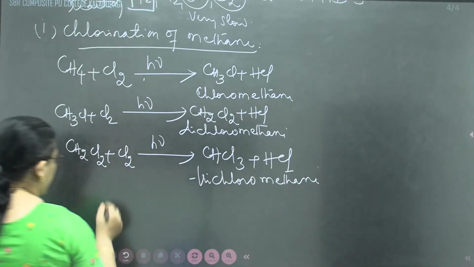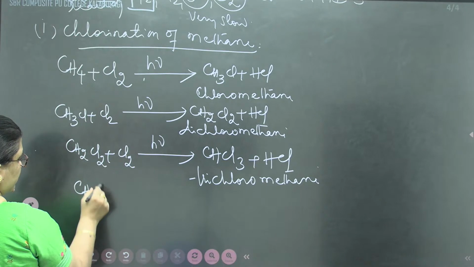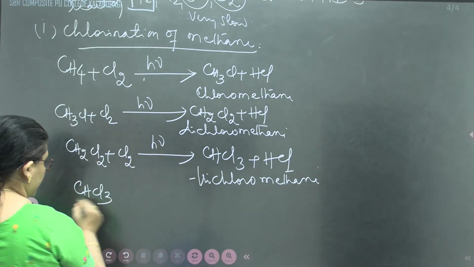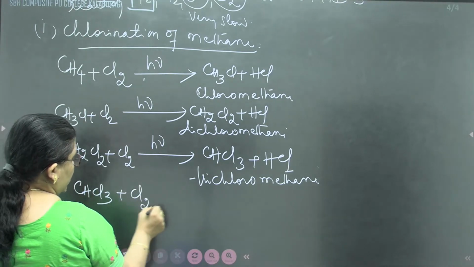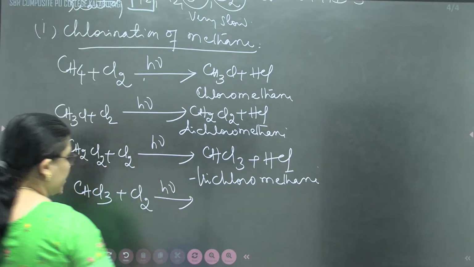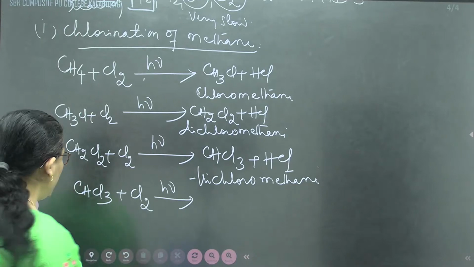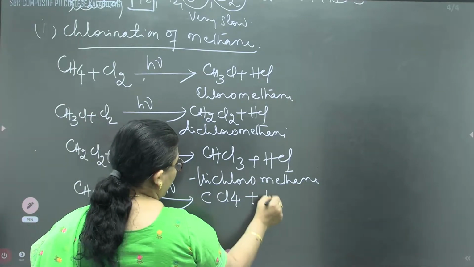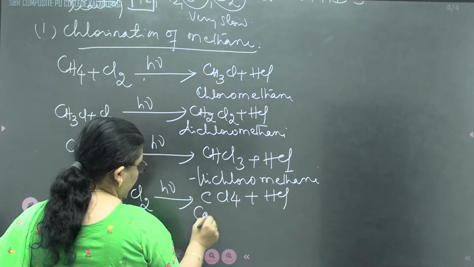Trichloromethane on further substitution, replacing hydrogen atoms of methane one by one by Cl, with the same conditions, UV light or hν or high temperature, is converted into CCl4 plus HCl, carbon tetrachloride.